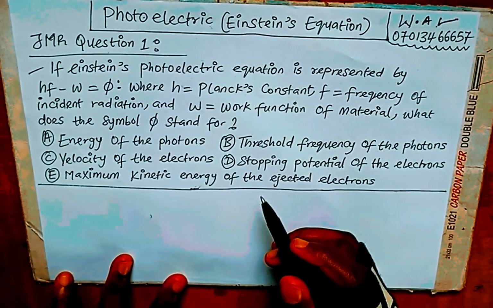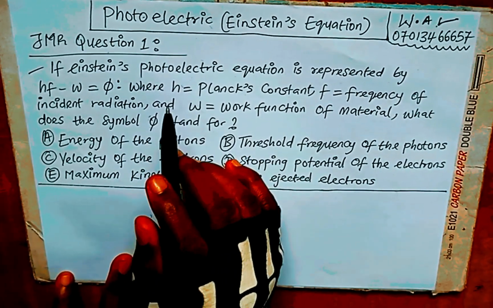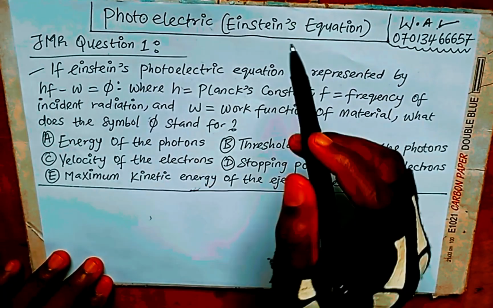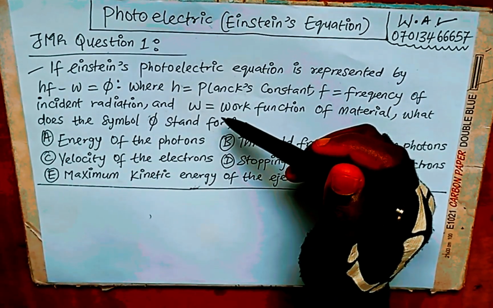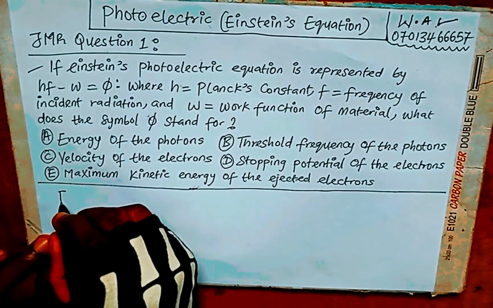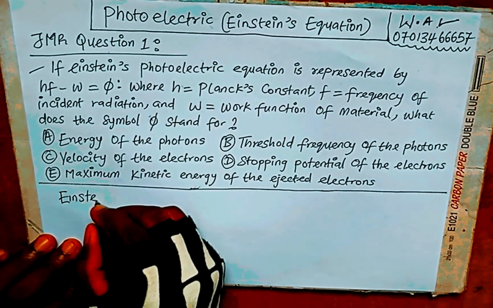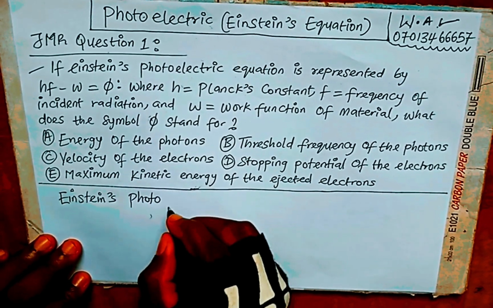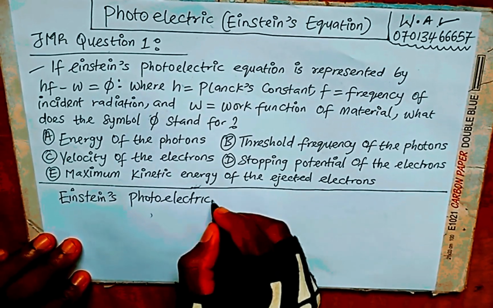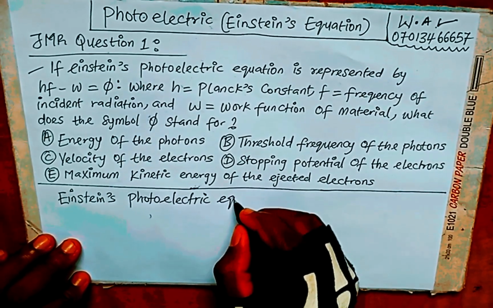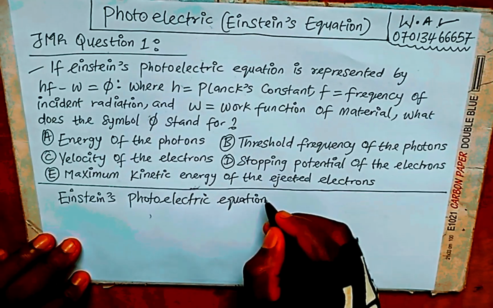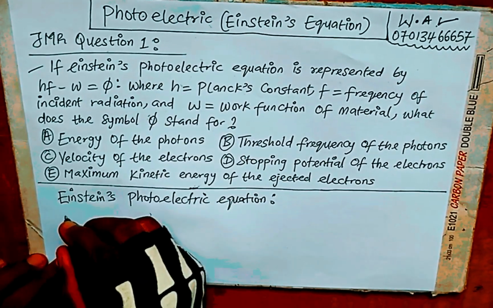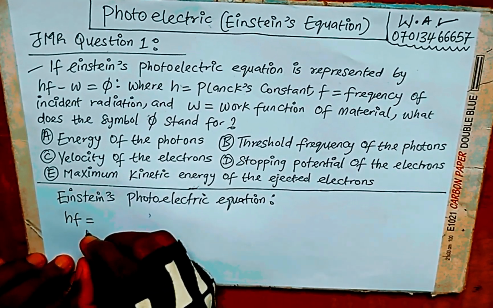First of all, we need to find the value of this thing. Remember that this Einstein formula has two forms. Let me write it: Einstein's photoelectric equation. hf is equal to W plus KE max. This is the standard one.